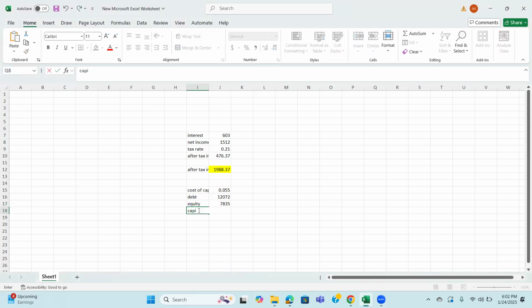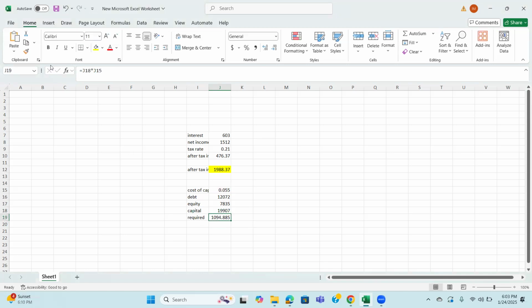Thus, our capital should be the summation of these two, right? So we can just add these two values to get our capital. Now the required amount should be the percentage of this capital, and we multiply it with our rate.